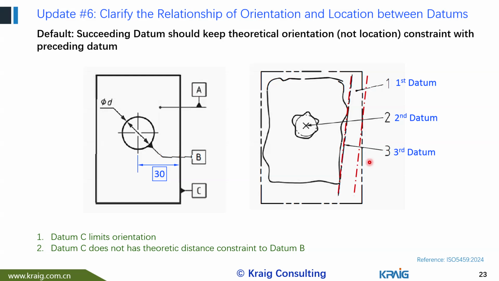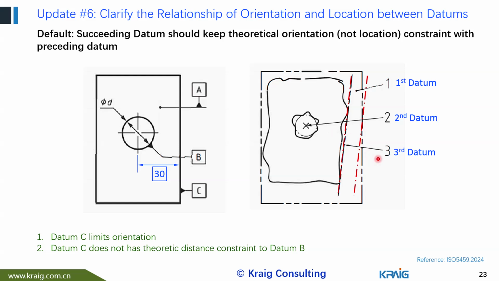But how can we limit the rotation? As we know, from this side surface to the hole, for each actual part the distance will be different, because in production there's always deviation. Nobody can produce the perfect distance here. So that means this distance for each part is different. So how can we find datum C then?